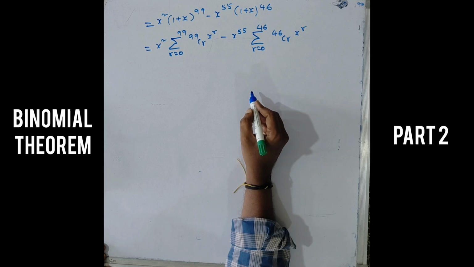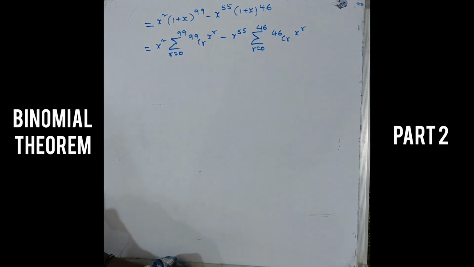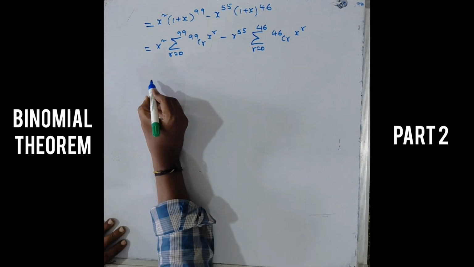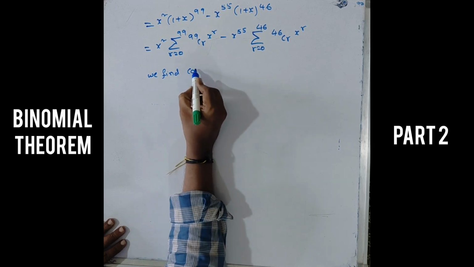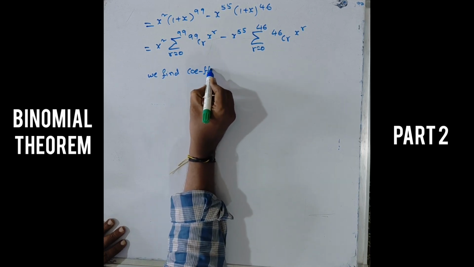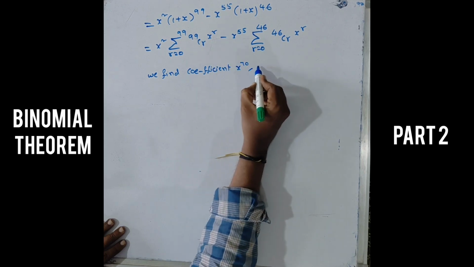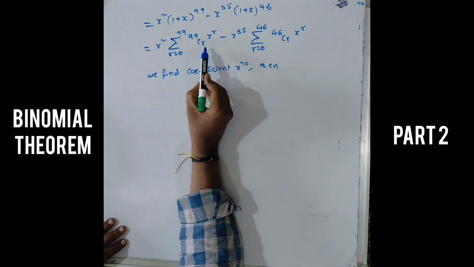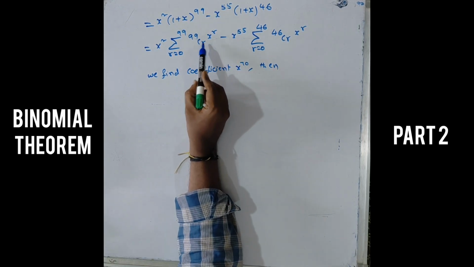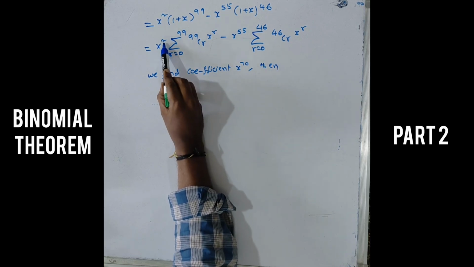Okay, if you want the coefficient of x^70, here x^2 is there, so we need x^68 from the first sum: 68 plus 2 is 70.